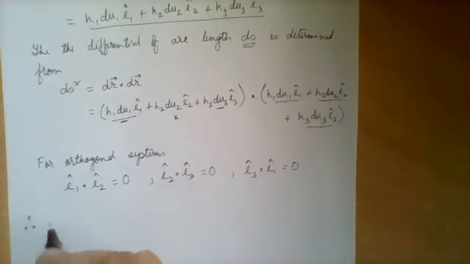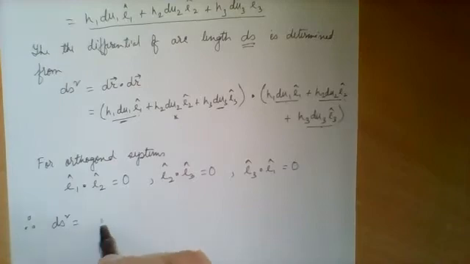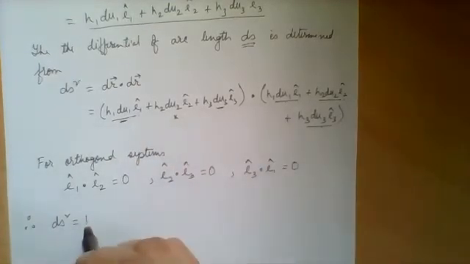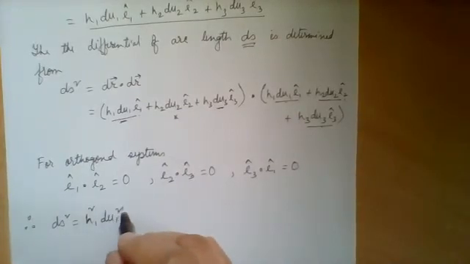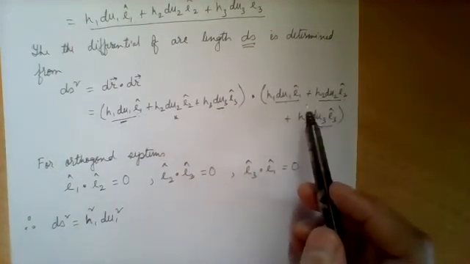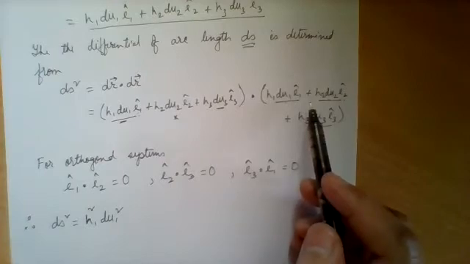Therefore ds square equal to h1 square du1 square, e1 dot e1, the unit vector dotted with itself, is 1.